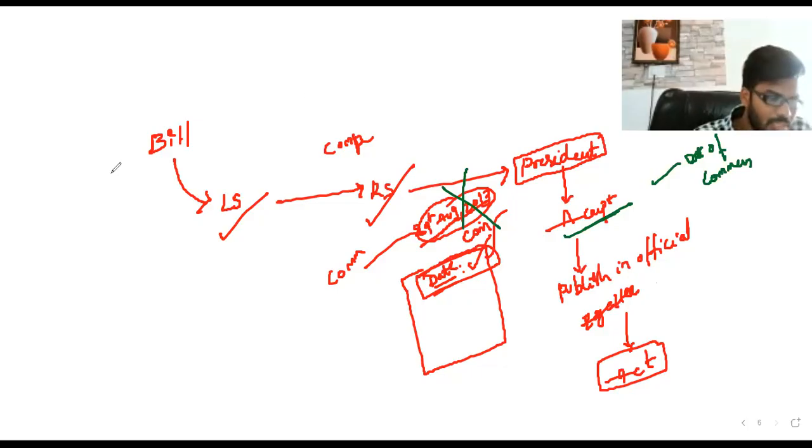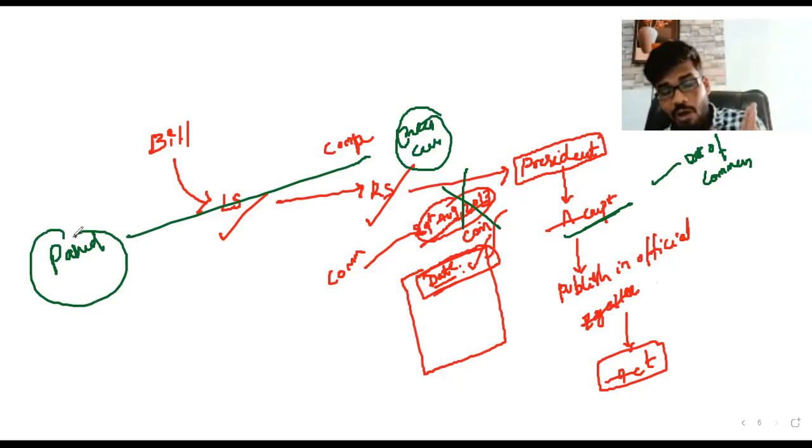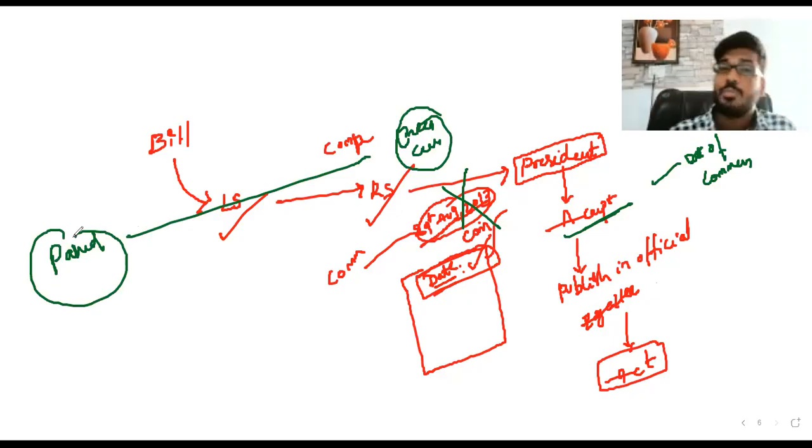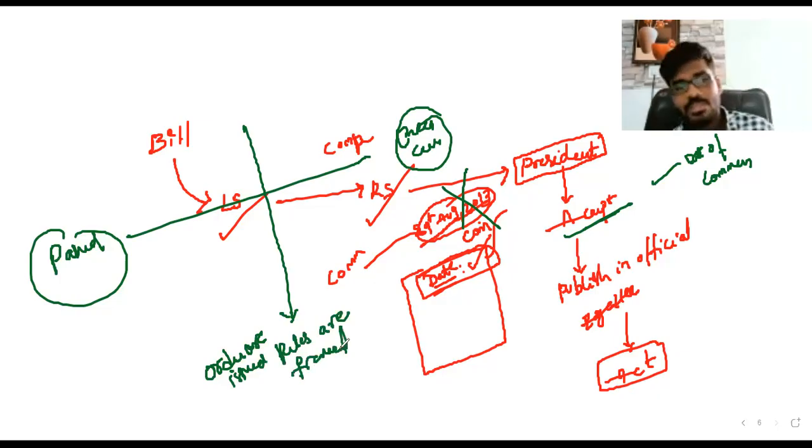So listen, what is the simple scenario? The bill was passed in Parliament and enacted, with commencement to follow. Meanwhile, after the bill is passed in the Parliament and before it comes into force, there is a gap with a lot of dates.